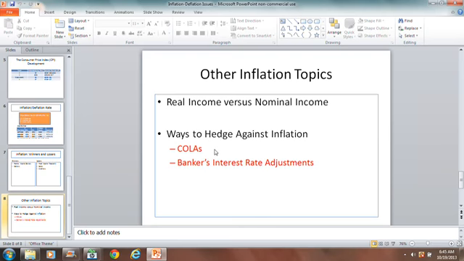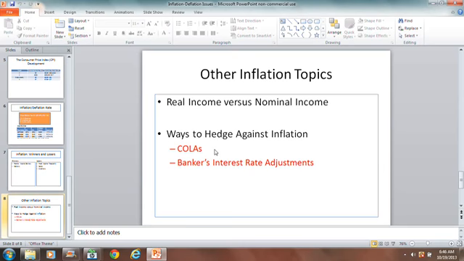Say, for example, I want a 2-year loan. The bank estimates that during that 2-year period, prices are going to rise by 2%. So within the interest rate they charge me, they're going to build in a 2% buffer, this 2% inflation premium, and the premium will protect them against loss of purchasing power when I start paying them back.